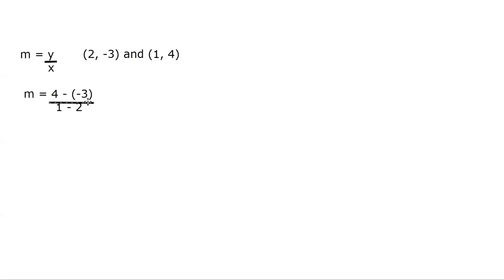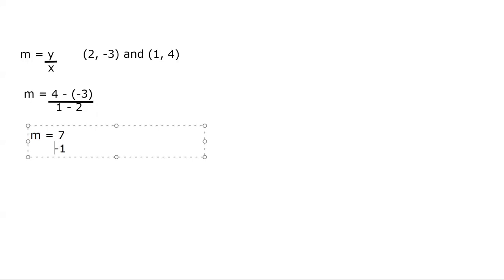Look, here I have two negative numbers, negative multiplied by negative, so my number in this case is going to be positive, positive 7. But here you are subtracting one number that is less than this one, so this is going to be negative. What I have here is that m is going to be 7 over negative 1.